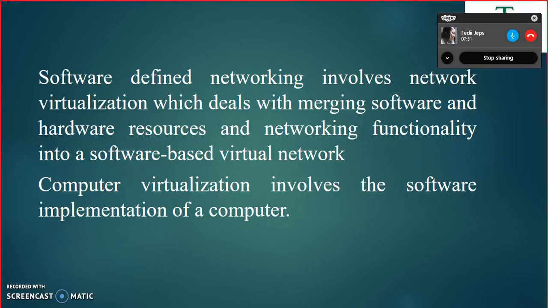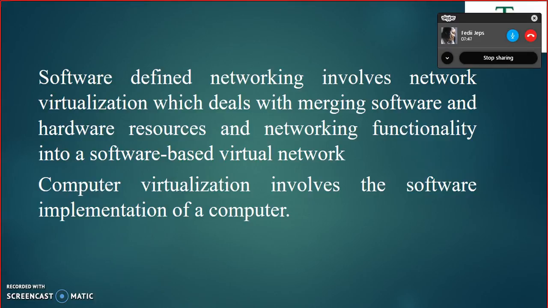Moving on to software-defined networking, this involves network virtualization, which deals with merging software and hardware resources and networking functionality into a software-based virtual network. This represents the cloud in terms of a data center.